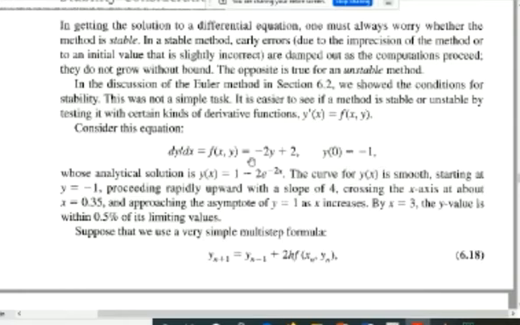By solving this differential equation using analytical solutions, we can get the function y(x) as 1 minus 2 exponential of minus 2x.